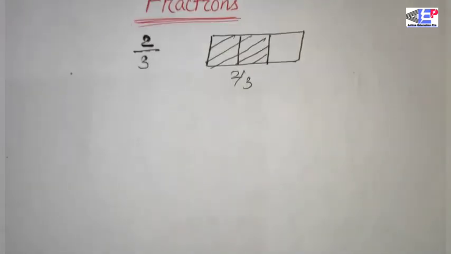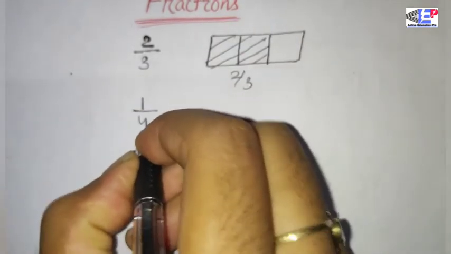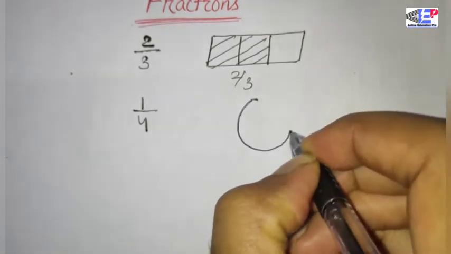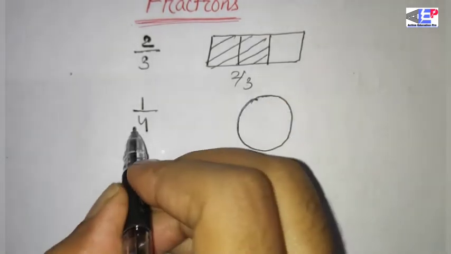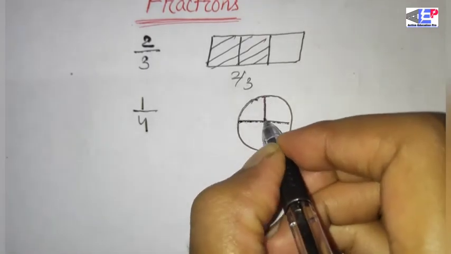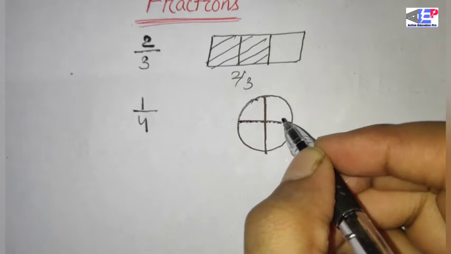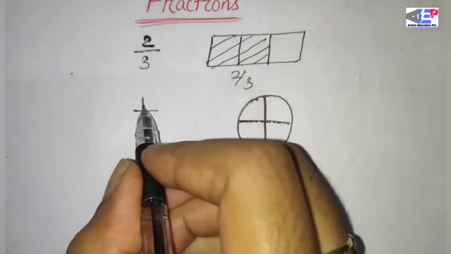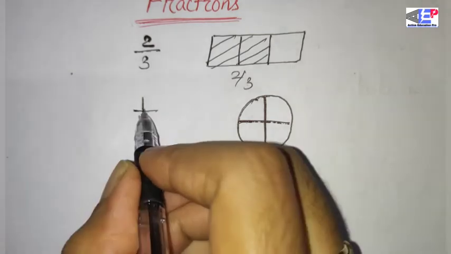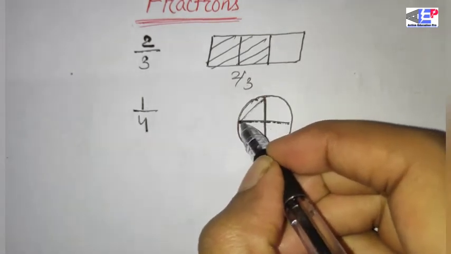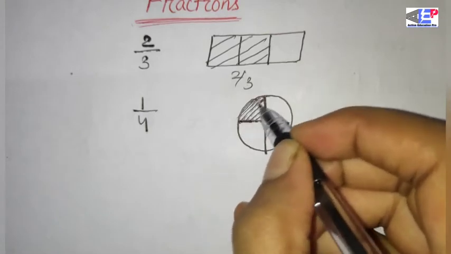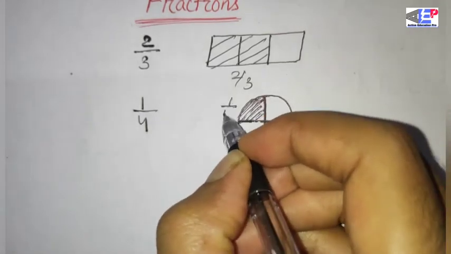Another example, 1 by 4. Suppose 1 by 4 is another example of a fraction. You can take a circle, and the denominator is 4, so make 4 equal segments. It is a quarter. The numerator is 1, so shade one part of these 4 parts, and this is 1 by 4.